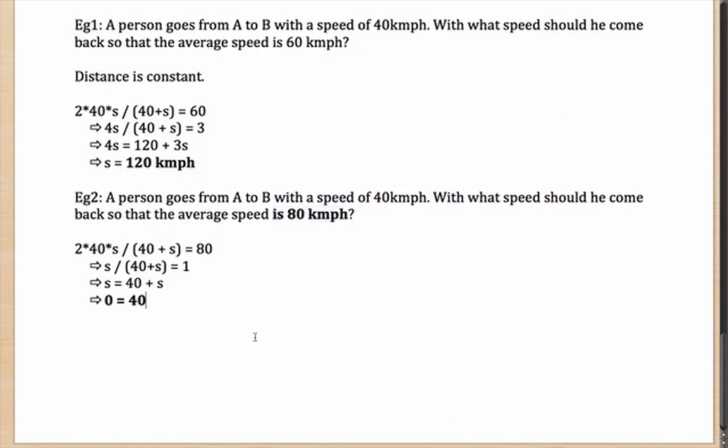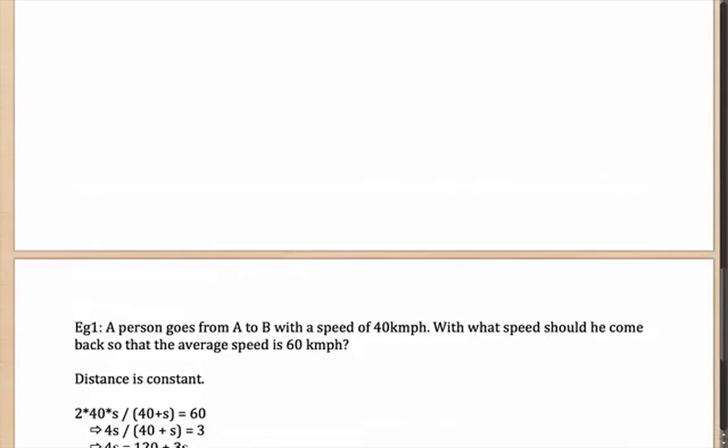The average speed in a journey when the distance is constant can never be greater than twice of a value. So the average speed is always lesser than twice the going speed, or let's say you are given the coming back speed. Let us look at the formula for further clarification.